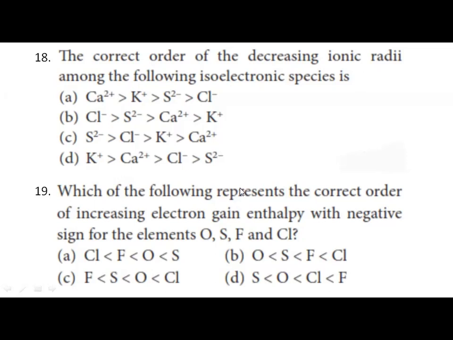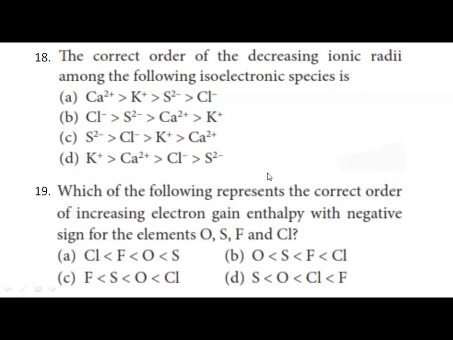Which of the following represents the correct order of increasing electron gain enthalpy with negative signs for elements oxygen, sulfur, fluorine, and chlorine? See, as we move across the period, below oxygen is sulfur, below fluorine is chlorine.